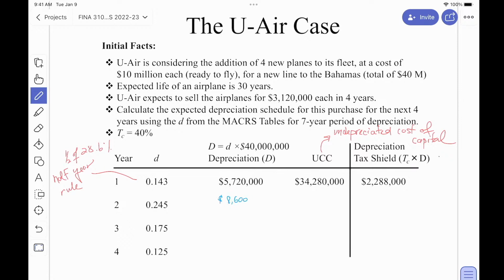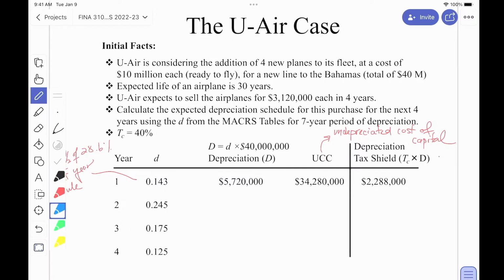So look at that. In the first year, we're actually able to claim an expense of almost $6 million. In the second year, did I do that correctly? You're going to take 40 million times 0.245. Oh, I did do it wrong. I knew the number was almost 10 million.